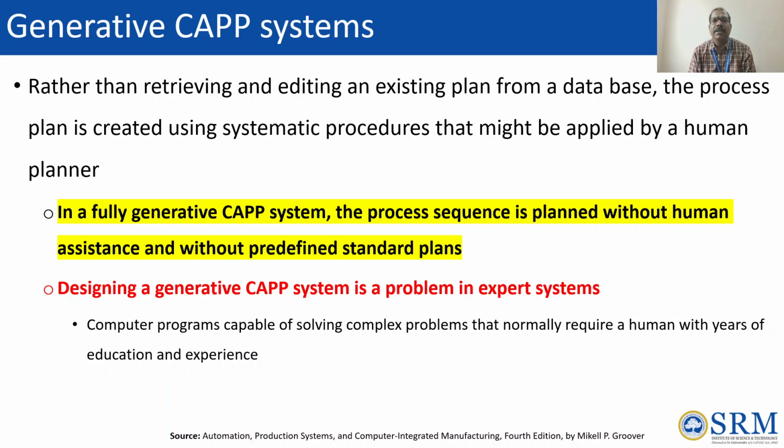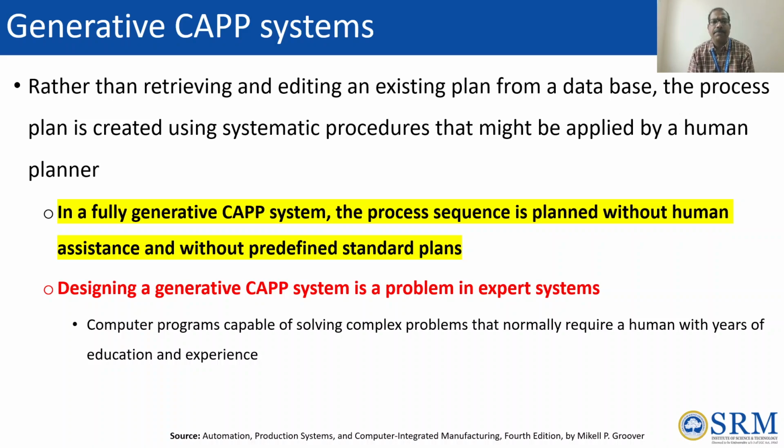The information from them is gathered, we make rules and logic, and we prepare a system for that. But when we do generative process planning, we should not use any human at that time. Without any human assistant or predefined standard plans, we create the plan in a systematic way. That is the difference between a retrieval type and a generative type.